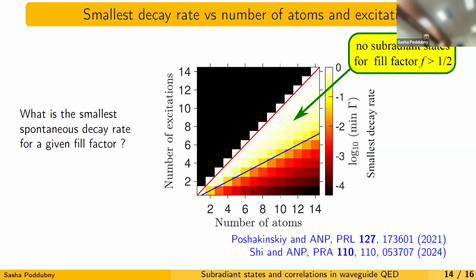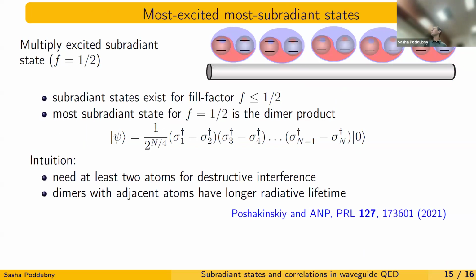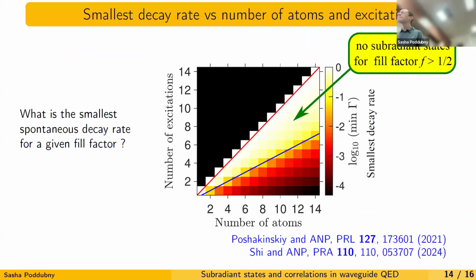As soon as your fill factor becomes more than 1/2, say you get more than 7 excitations per 14 atoms, this becomes bright. So it's not a trivial finding. It seems trivial. Well, if you have more excitations than atoms, then it's going to go superradiant.